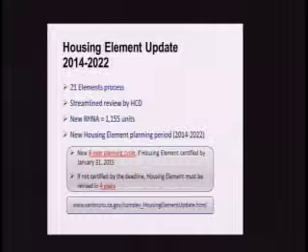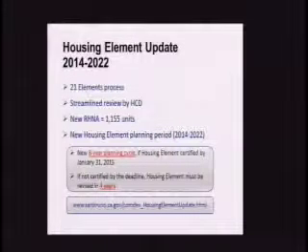And our new regional housing needs allocation number for this 8-year period is 1,155 units. So those are the number of units that we need to provide zoning for, not build, but provide zoning for the next 8 years.